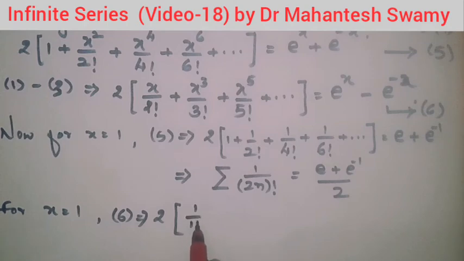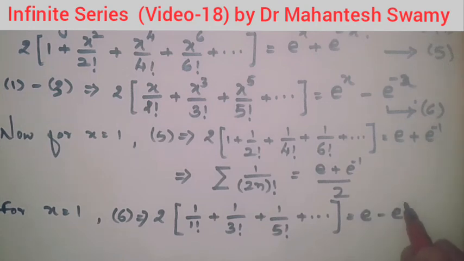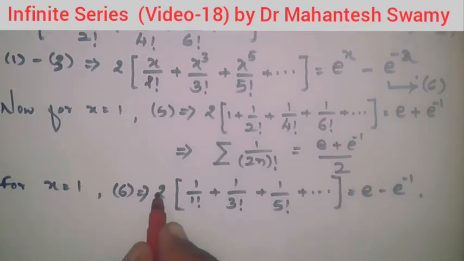So it is 1 by 1 factorial plus 1 by 3 factorial plus 1 by 5 factorial, like them, dot dot dot, and on RHS it is e to the power of 1 minus e to the power of minus 1, because we are substituting x equal to 1. So this much. Now in the next step we shall transfer it to the other side, it becomes divided by 2, and on LHS we will be having it in the form of a summation.